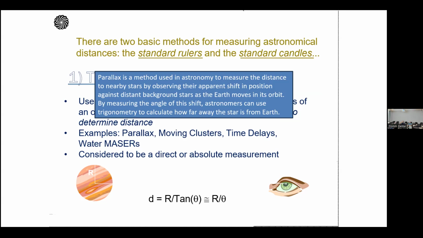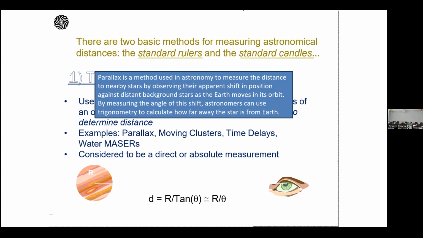If you ever took geometry in middle school or grammar school, a triangle has six components, three sides and three angles.